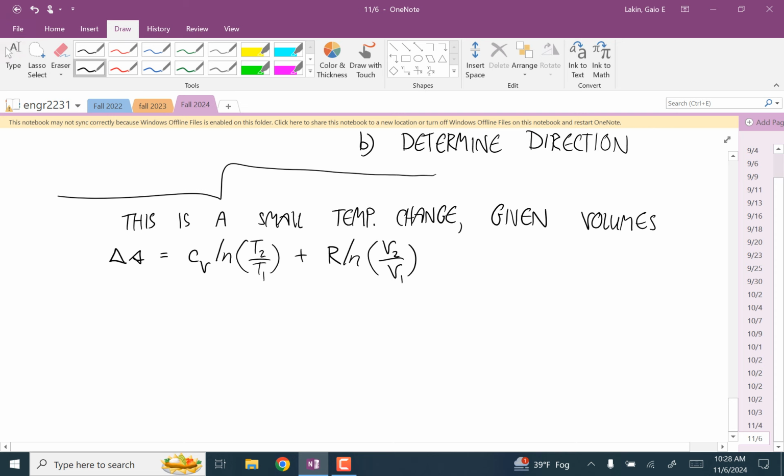So for part A, we know that CV is equal to du dt. So this part is going to be exactly the same as it was in the incompressible case. The change in specific internal energy is equal to CV times the change in temperature.